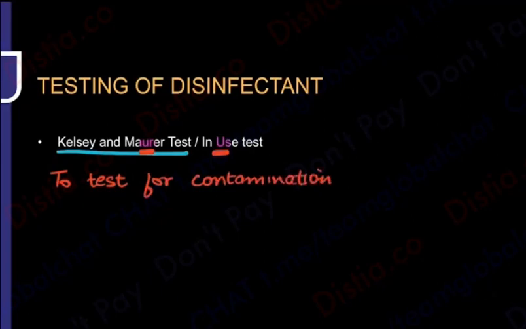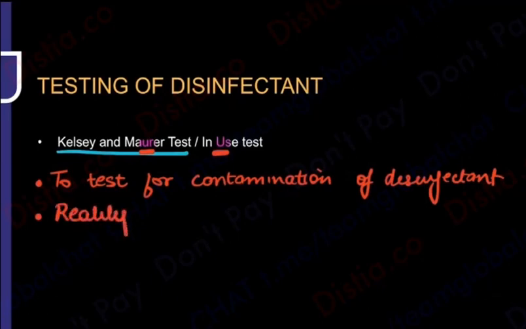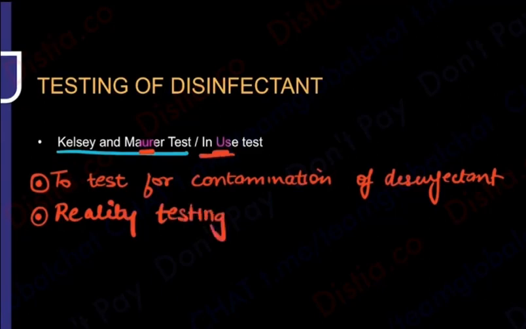One more thing about the in-use test is that it also tells you the reality in use. You have told us to study a lot of things, and now my real test will be the day I go and sit in the exam. How many marks will I get? How much will I recall? What will I write in my answer sheets? So for reality testing, how it will act in use, that is the in-use test.